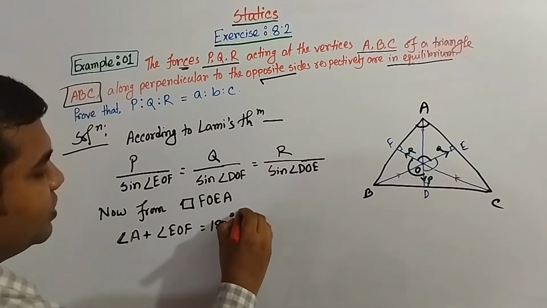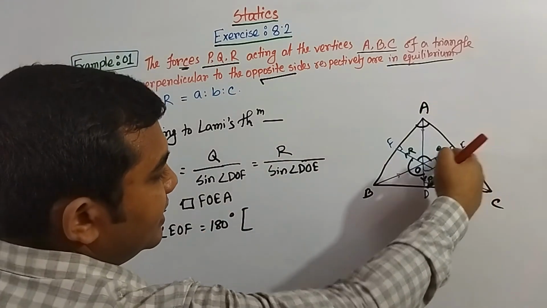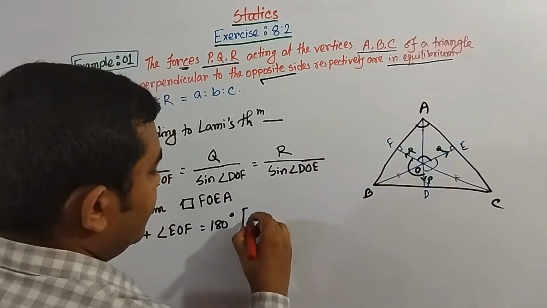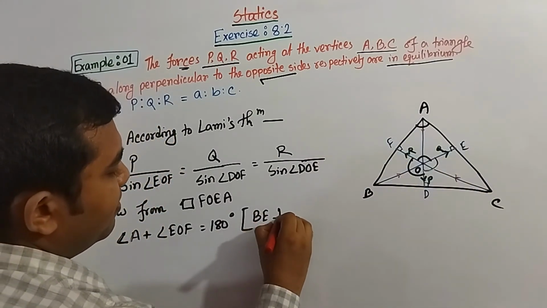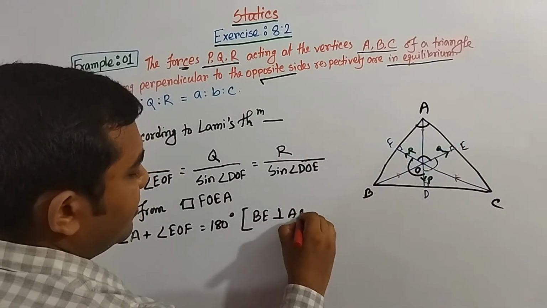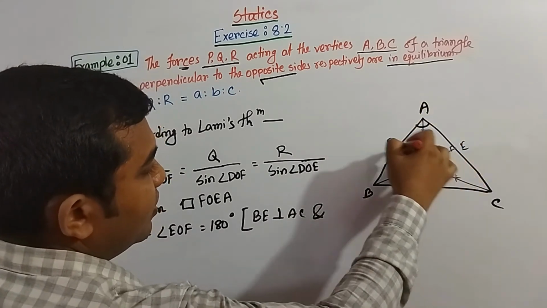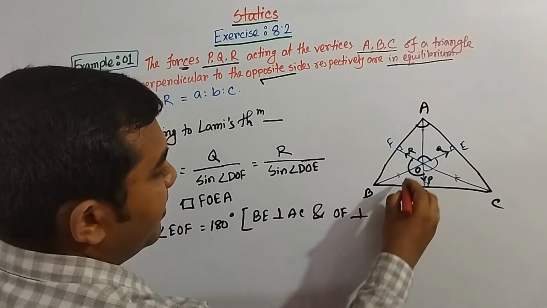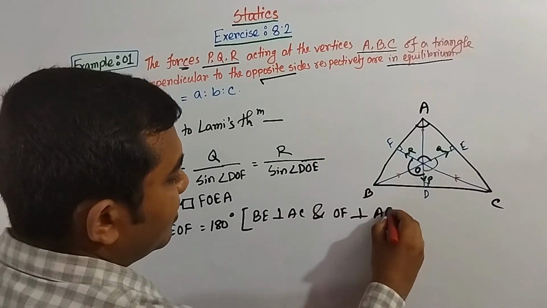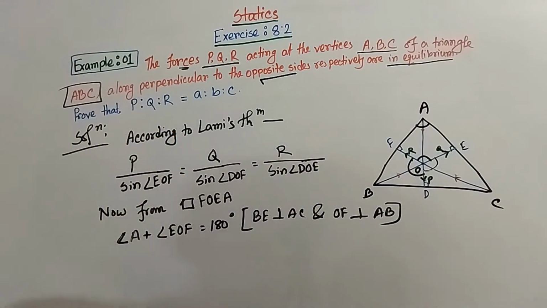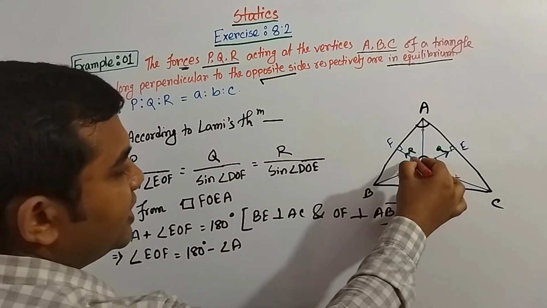Why? Because we have already known that BE is perpendicular on AC and OF is perpendicular on AB. Okay, from here we can say that this angle, that is EOF, is 180 degrees minus angle A. So what should this be?